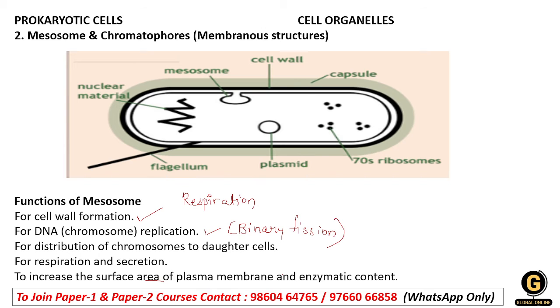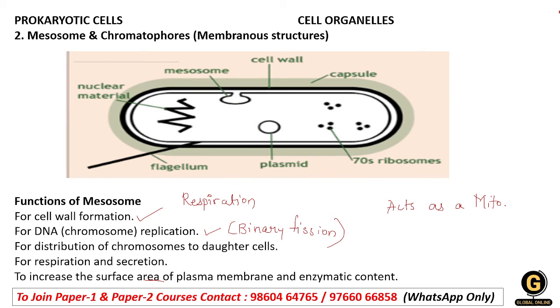Yes student, आता हे mesosome जर आपण कंपेअर केलं युकॅरियोटिक सेल बरोबर तर कुणासारखं हे ऍक्ट करतं? It acts as a mitochondria. बरोबर आहे? Because mitochondria मध्ये काय होतं? Respiration होतं students. Yes. So it acts as a mitochondria of the eukaryotic cell.